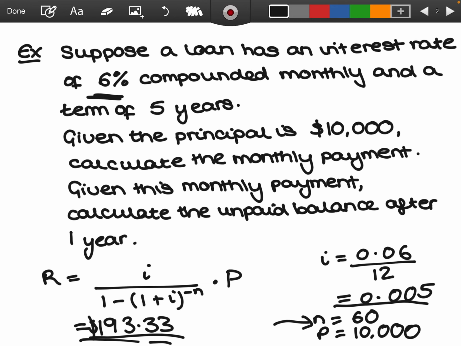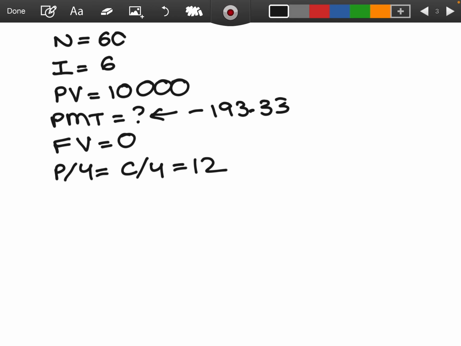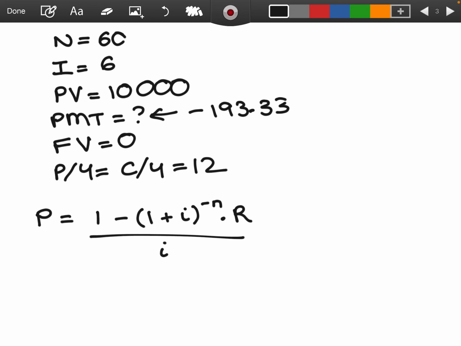I want the present value of the loan, the principal amount left when I have 48 payments left of $193.33. So again, I go back to my decreasing annuities and I put in P, okay, which is the thing that I want to find out, equals 1 minus 1 plus i to the negative n, multiplied by R over i.